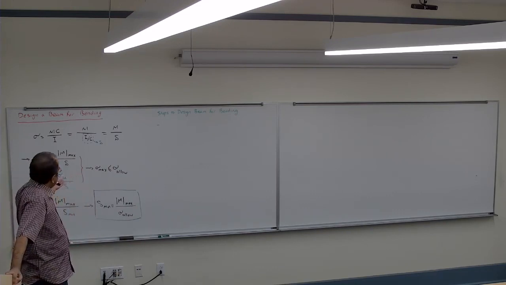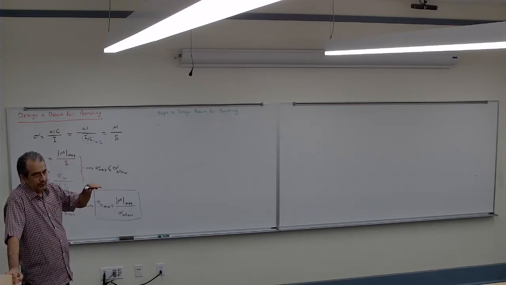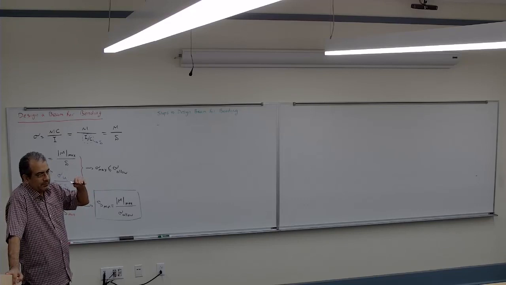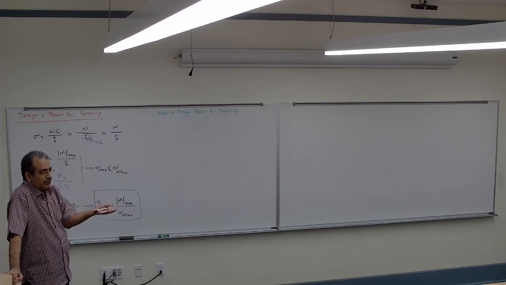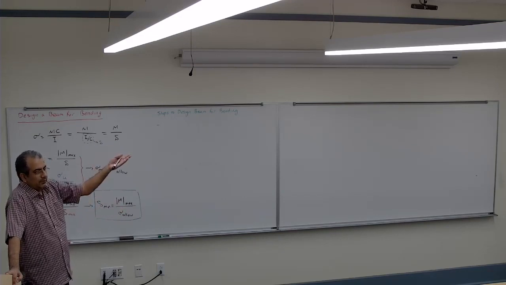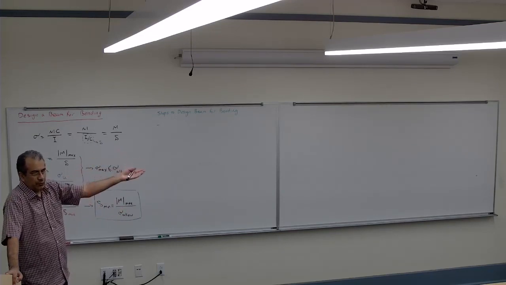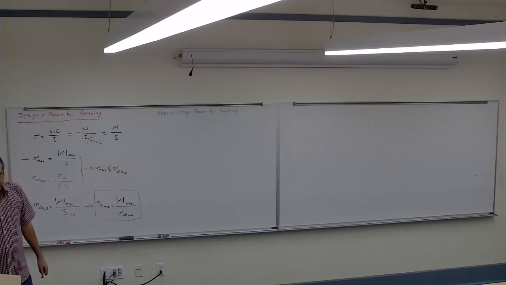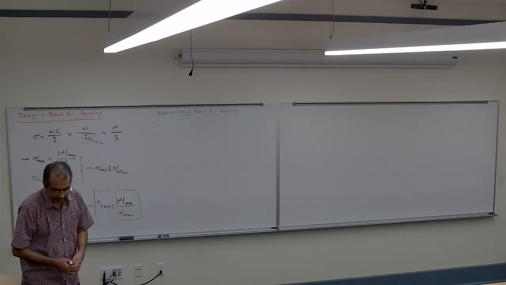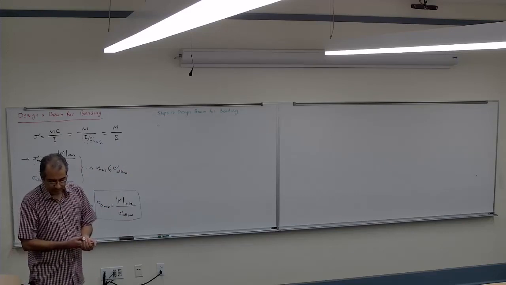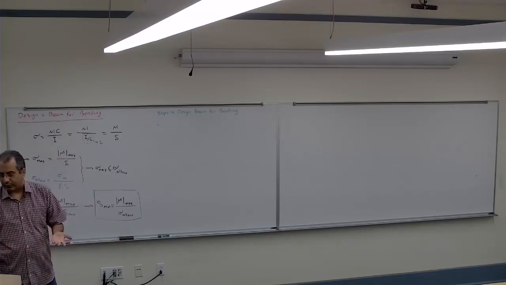What would be the very first step in designing a beam? Probably knowing what the factor of safety is or what material we have. The first thing is to find out what material we want to use. Is it going to be a steel beam, concrete, or wood? Whatever material it is, the very first thing is that we have to determine the sigma allowable.